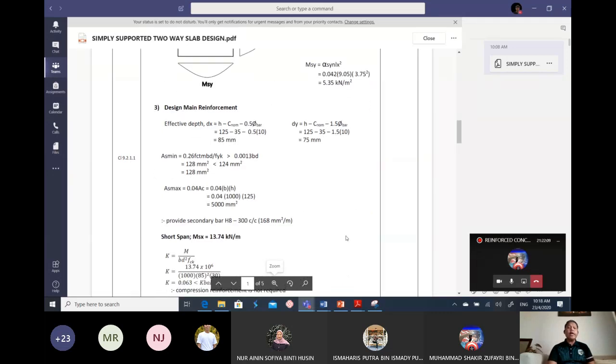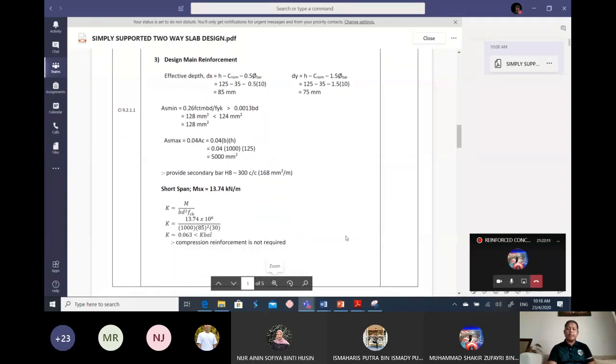Then here is the difference when we start to design the main reinforcement. We have to design main reinforcement for both axes. Normally for a slab, we design reinforcement based on how many moments we have. If we have one moment, we design only one main reinforcement, and then we provide the secondary reinforcement. If we have two moments, we design two main reinforcements, and then we provide one secondary reinforcement.